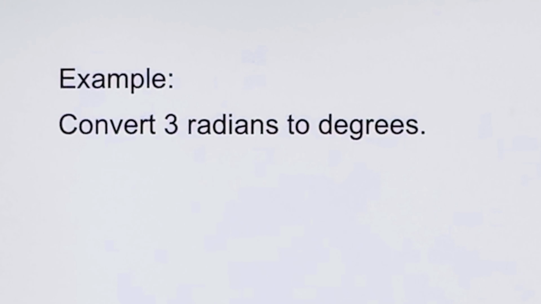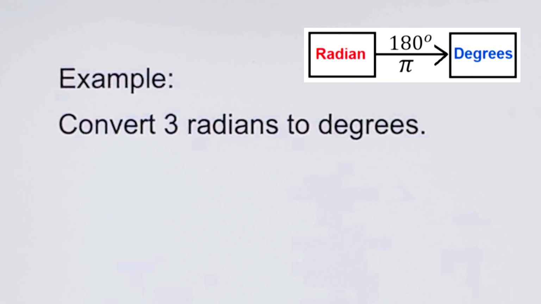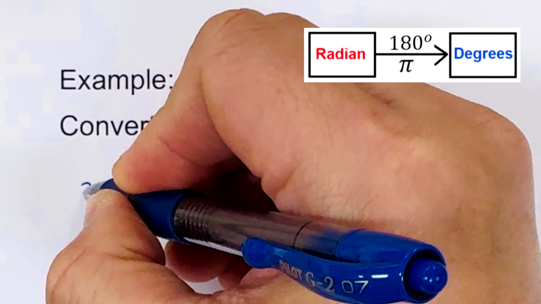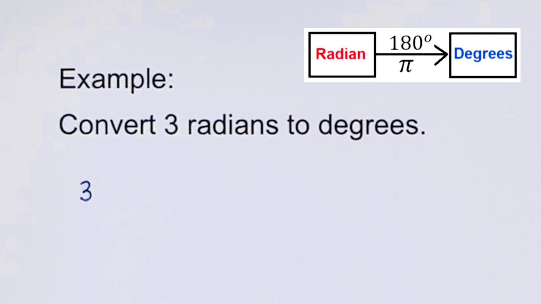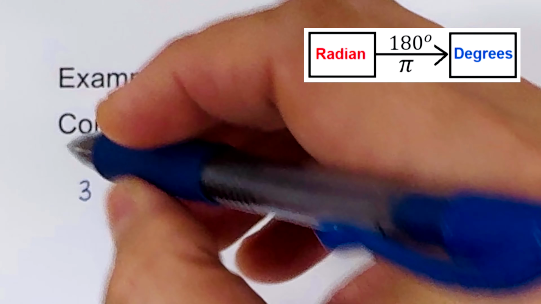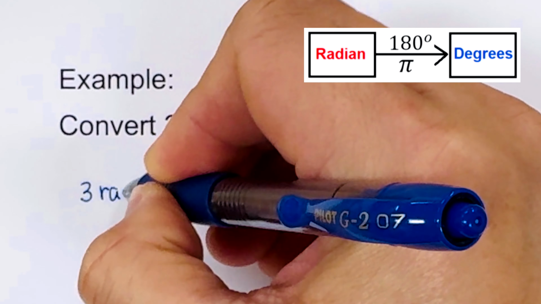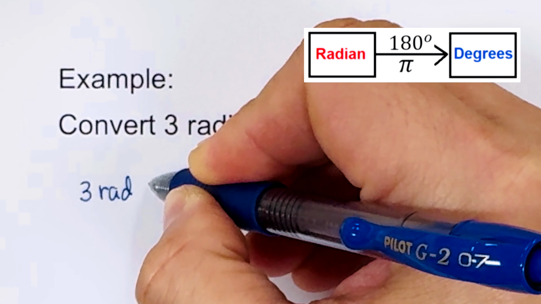Looking at this example right here, we are given 3 radians and we want to change it to degrees. So this is again an example of radian to degree conversion. I'm going to write 3 up here. So 3 here is in radians. Others would want to write RAD for that. That's fine, or you can just write 3. It's okay.